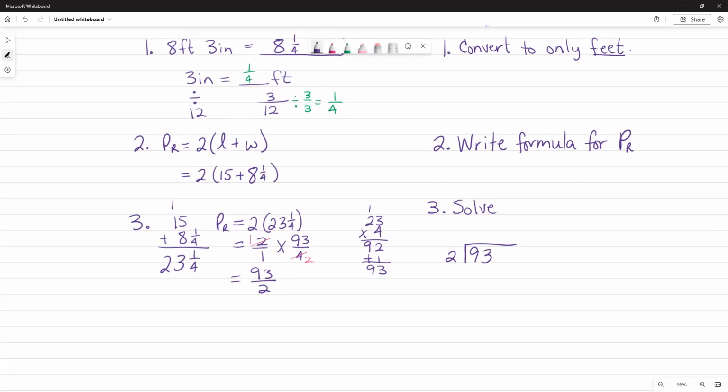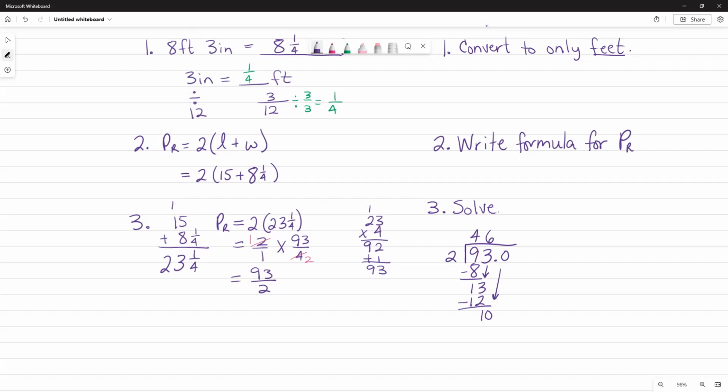So 2 goes into 9, excuse me, 4 times. So that makes 8. Bring down my 3, and 2 goes into 13. We're going to need a 0 here. 2 goes into 13 6 times, and so we have 12. And then bring down that 10.